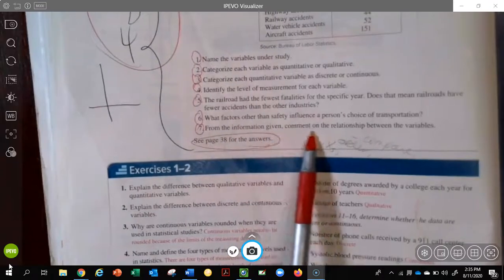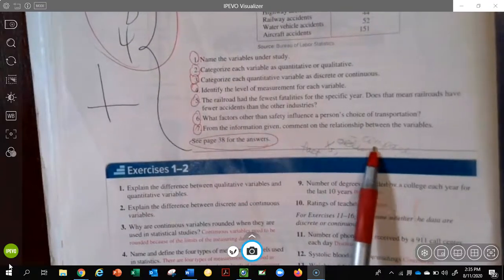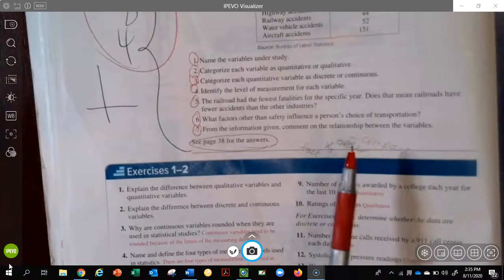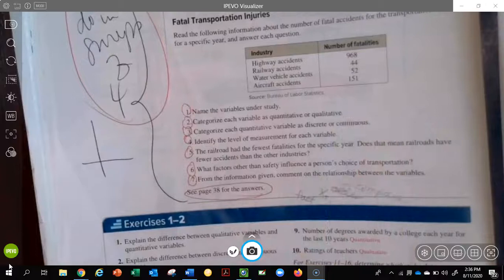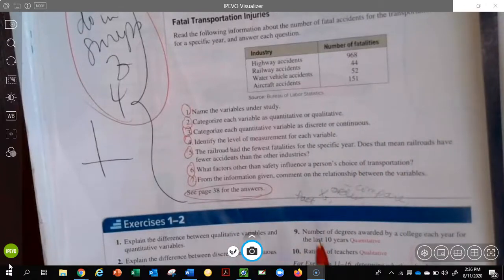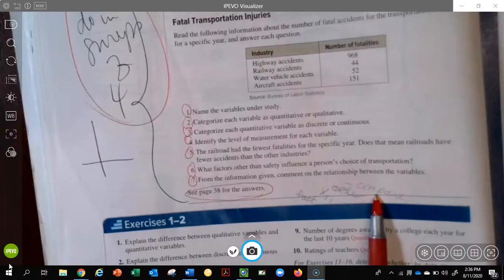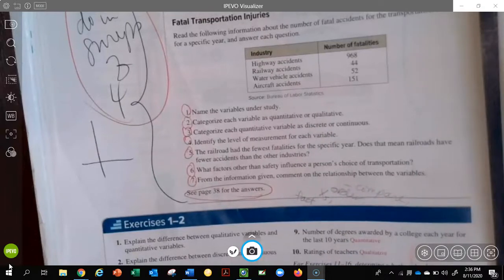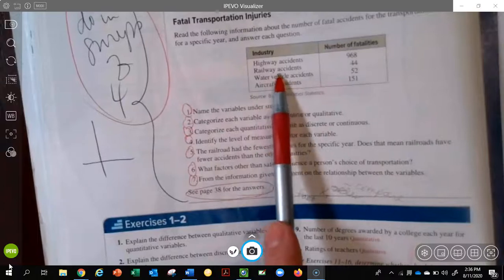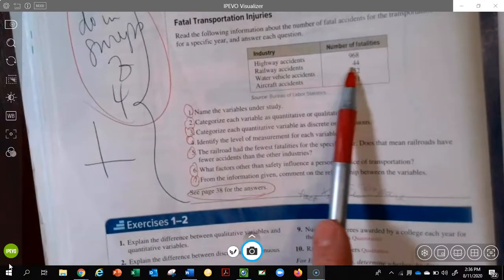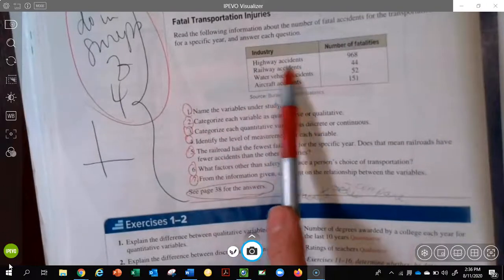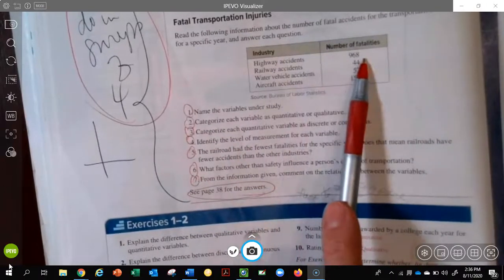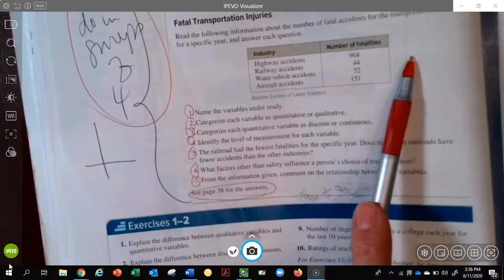From the information given, comment on the relationship. I went ahead and jotted down a couple of other things, because this is where I feel like students have the most trouble: what do I say? Well, it's good to have a pattern. A good pattern, and I wrote the word compare, is to say the lowest one. Railway accidents have the least number of fatalities. There's you a sentence. Highway accidents have the most number of fatalities at 968.